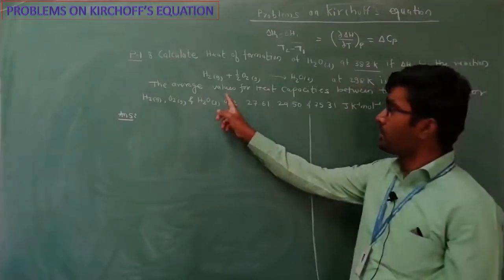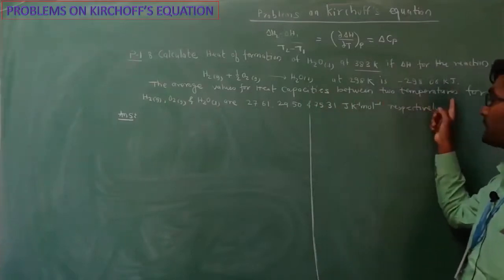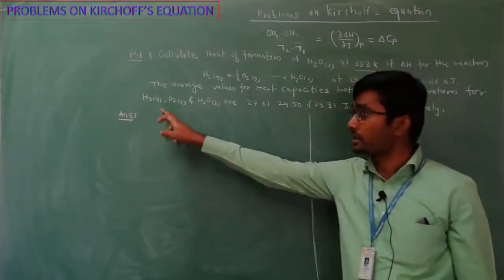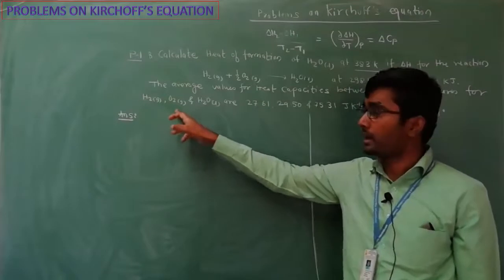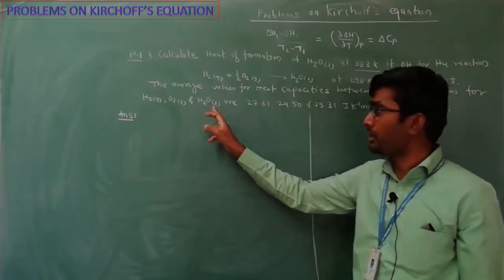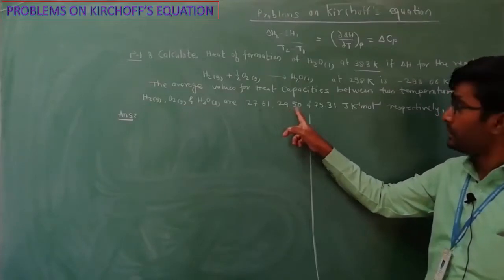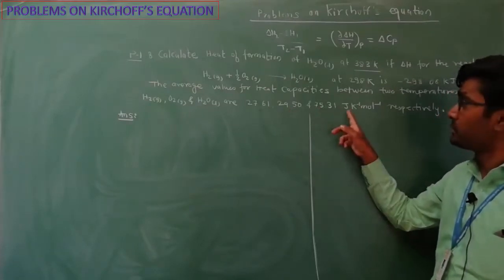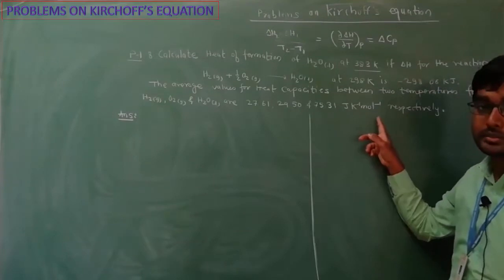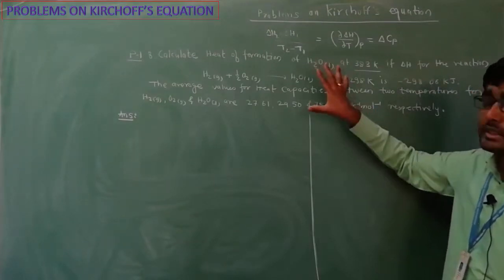The average values for heat capacities between the two temperatures for hydrogen gas, oxygen gas and liquid H2O are 27.61, 29.50, 75.31 joule per Kelvin per mole respectively. Okay, this is our problem.